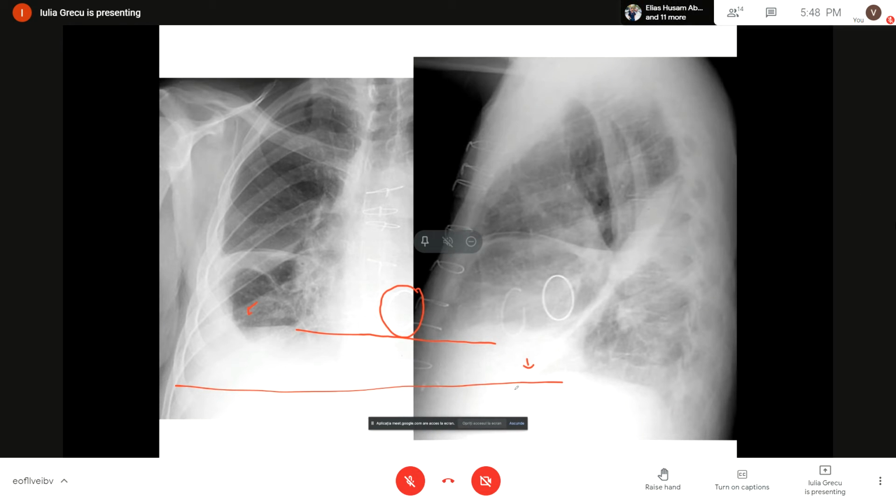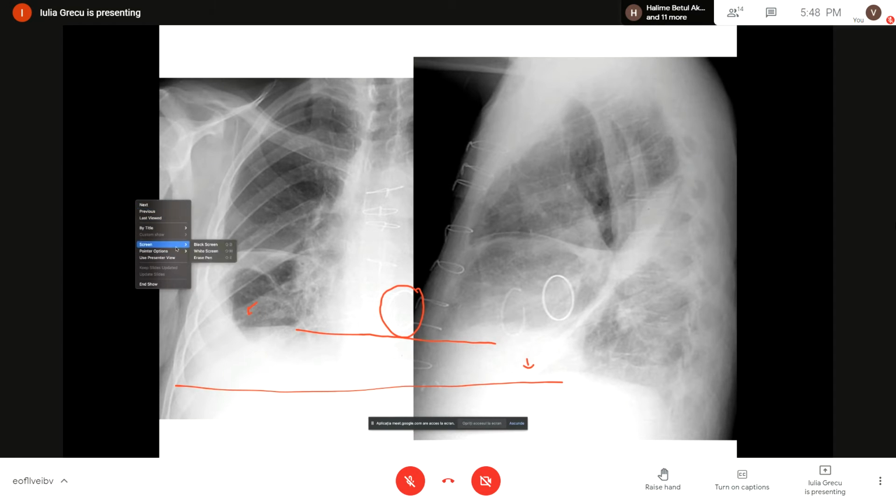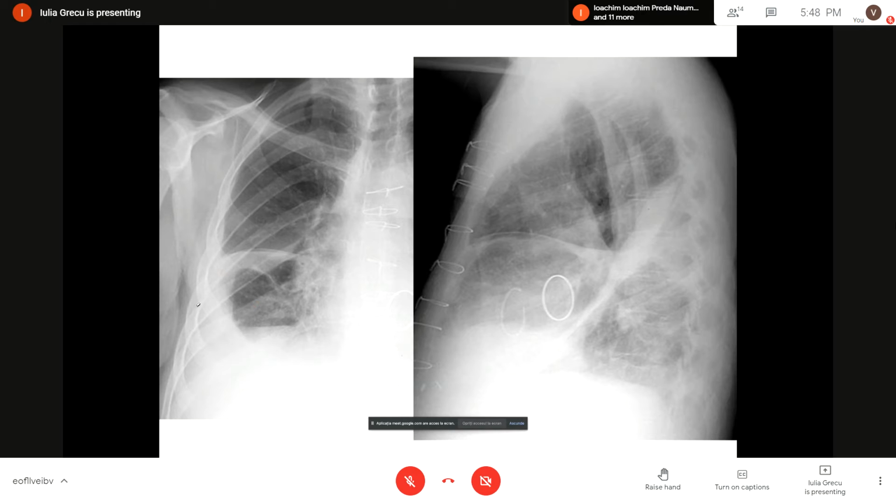Okay, so like you asked me, you had to take a lateral view in order to confirm the origin and the location of this opacity.